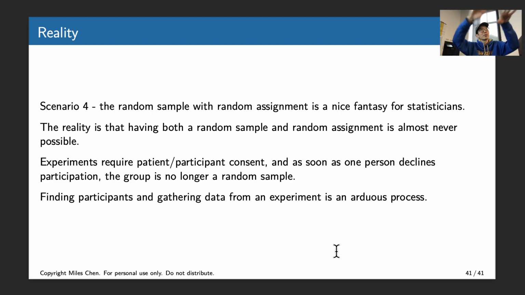So you might have randomly selected people and ask, do you want to participate in my study? And as soon as somebody says no, it's no longer a random sample. So the idea of having both a random sample and random assignment just doesn't really exist in real life. It's fun to imagine and fantasize about, but it's not really going to happen.